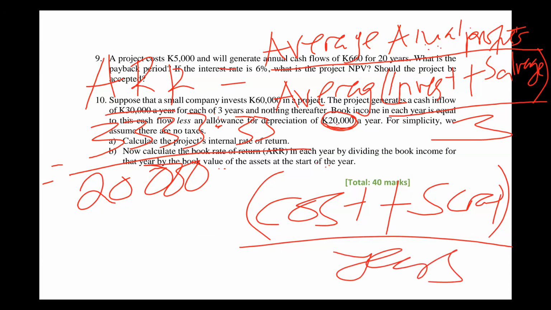That is your denominator, and multiplied by 100. That's how you go about it. So if you just have the cash flows, you have to less the depreciation and less the taxes. Is that clear?